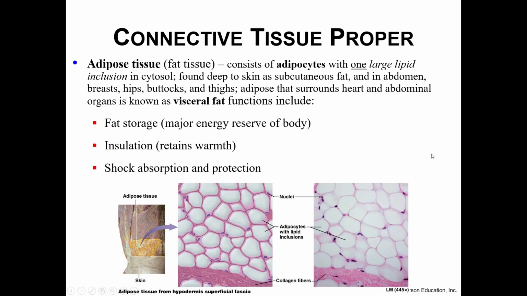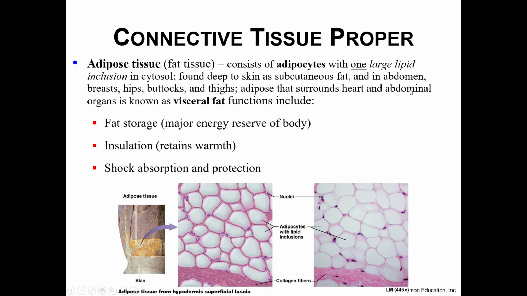Now your adipose tissue, we've got tons of adipocytes here. That should make sense to you. We've mentioned previously that adipocytes are mostly composed of the lipid inclusion, but we do still have the nuclei in the cytoplasm. They're just not as easily seen. These are found deep to your skin. We call it subcutaneous fat.